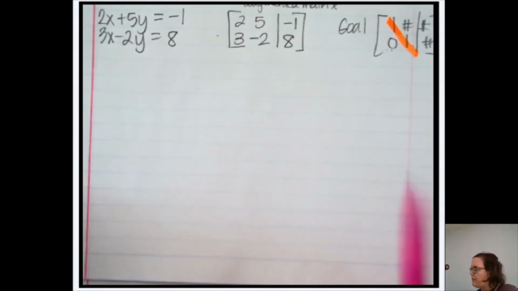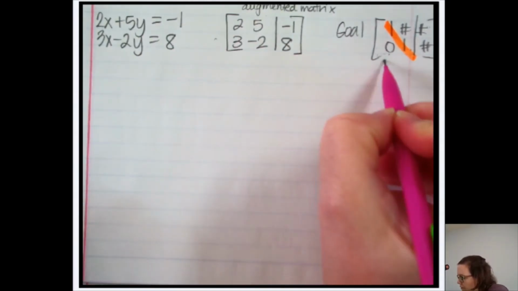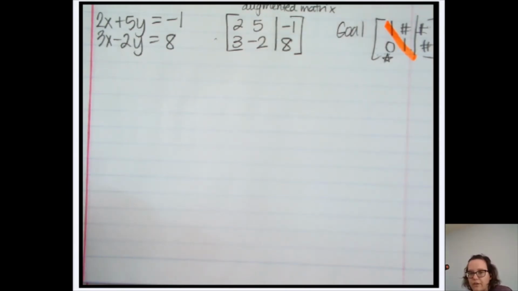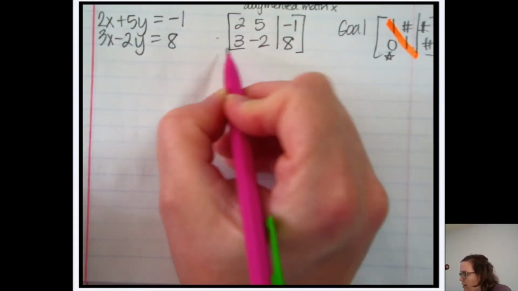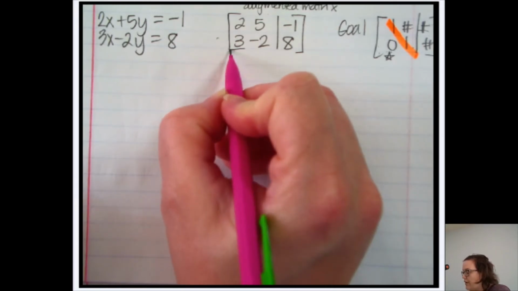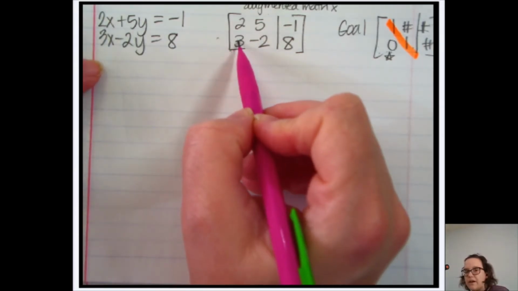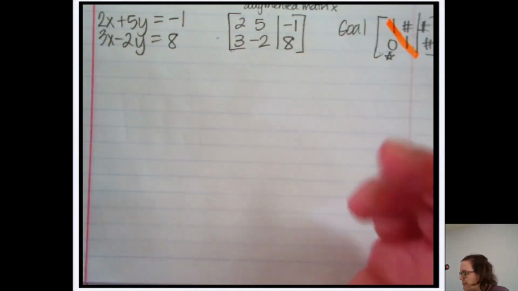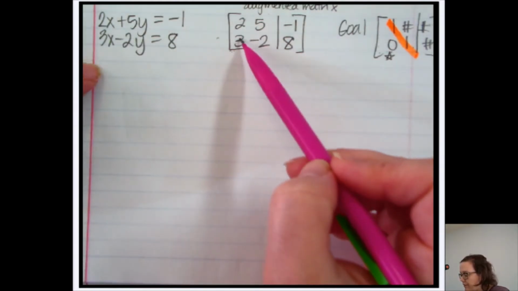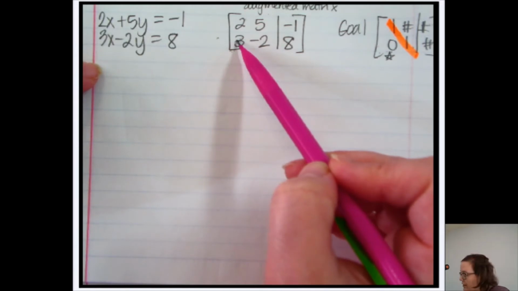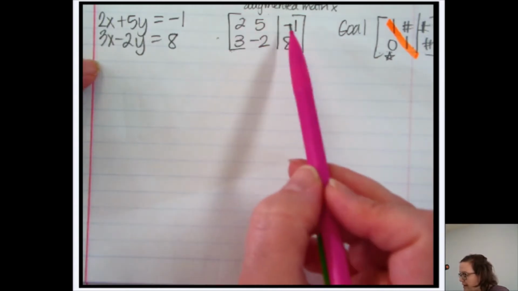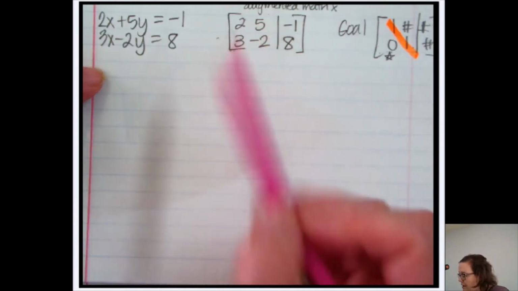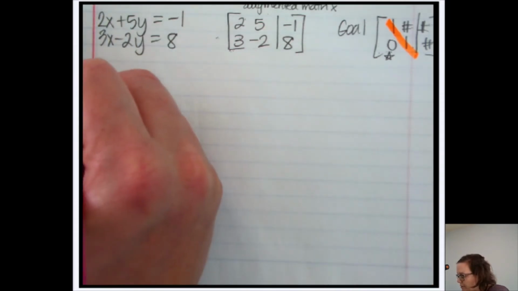Okay, first thing we want to do here is get 0. We're going to go for this first. So to get 0, we want opposites. So 2 and 3, what number could we multiply them by to get there? Well, 6, right? If we want a 6 and a -6. So if I want a +6 on top, I'm going to have to multiply by 3.